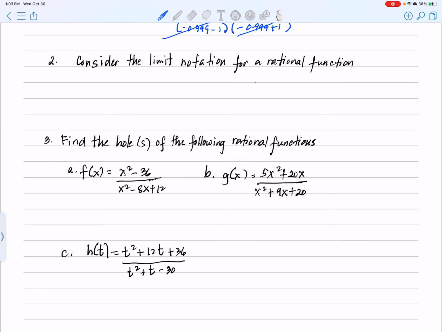Example 2. Consider the limit notation for a rational function. I think the rational function was not written here. Let's say the limit as x approaches 3 of the function of x is equal to 4.